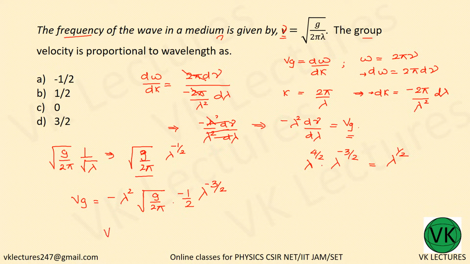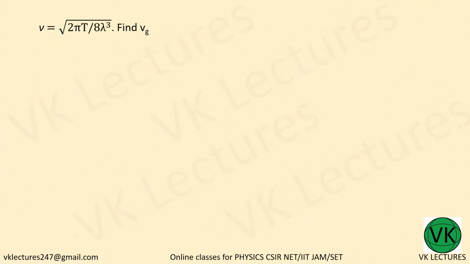So Vg is equal to, minus and minus get cancelled, 1 by 2 g divided by 2 pi lambda to the power 1 by 2. So Vg is proportional to lambda to the power 1 by 2. See, the option is 1 by 2. Okay, this is very similar to the previous question.